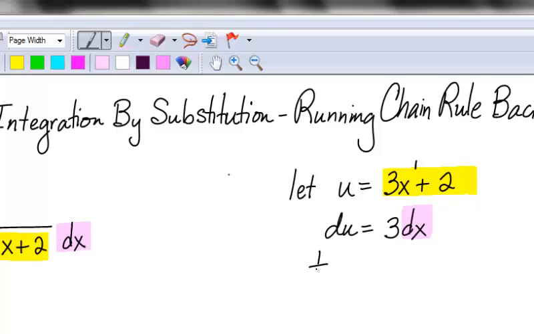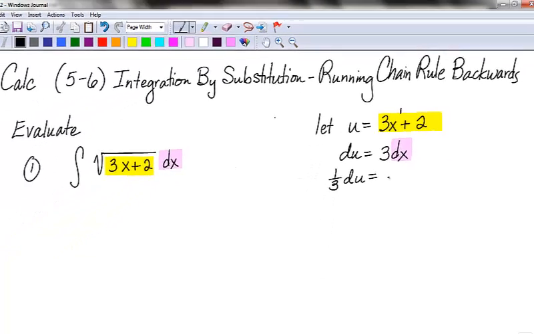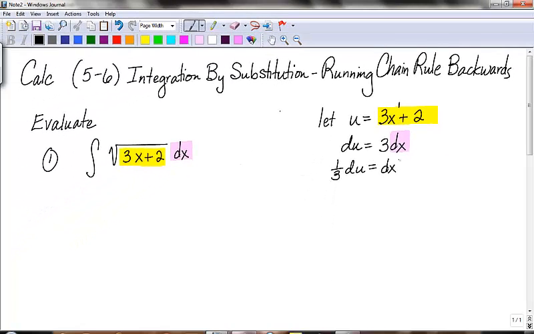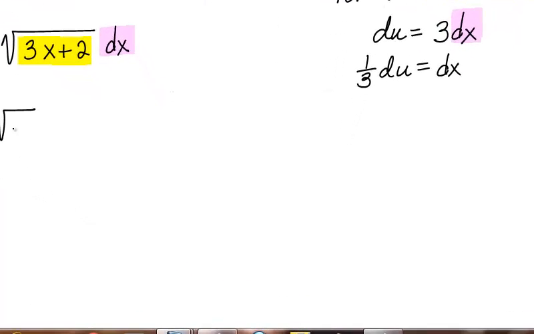So they say 1/3 du equals dx. Now I can substitute in for everything. So I'd have the integral of the square root of u times 1/3 du. Are you with me there, subbing in?